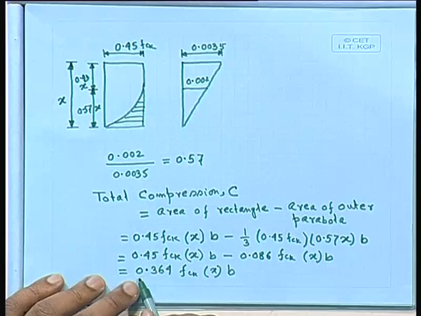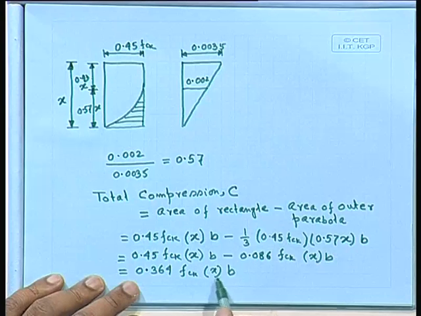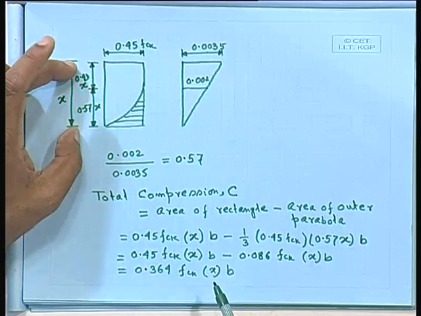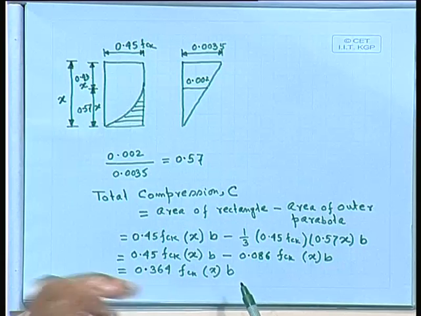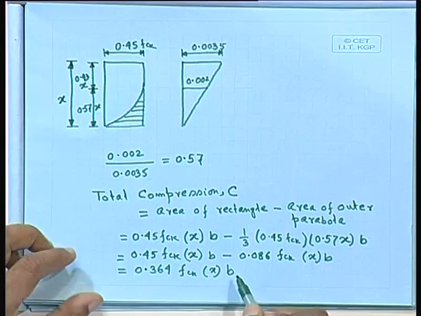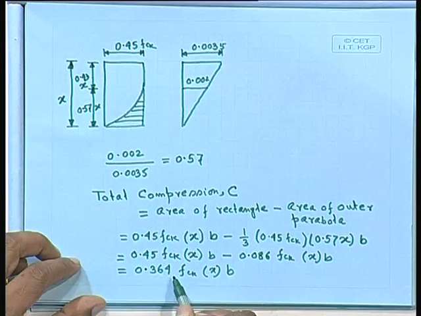Here x is the depth of the neutral axis, fck the characteristic strength, and b the width of the beam.